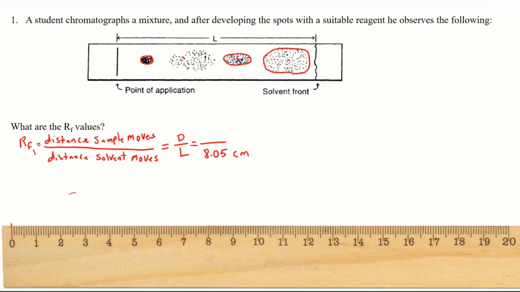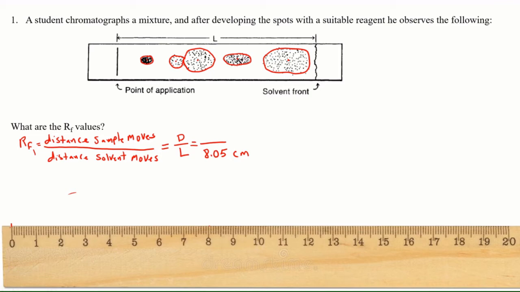Okay, this here is 1 spot, and actually we're going to discuss why these 2 spots did not separate like the others. And this is here another spot. So really we have 1, 2, 3, 4, and 5 spots. Okay, so we should have 5 different RF values.